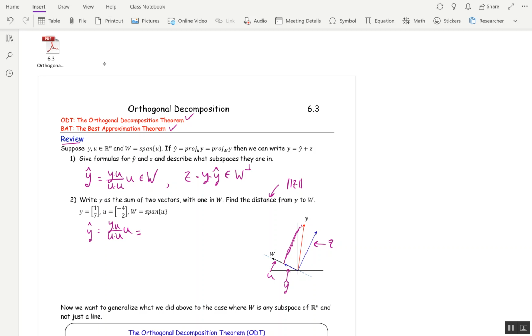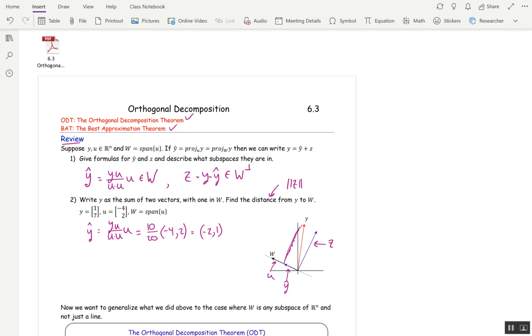Okay, so y dot u is -4 plus 14, which is 10. U dot u is 16 plus 4, which is 20. And I'm going to switch to linear notation. I'm going to write u as (-4, 2). So that's 1/2 of (-4, 2), which is (-2, 1).